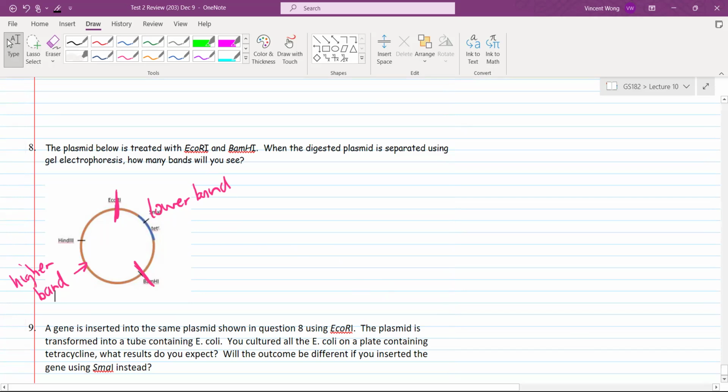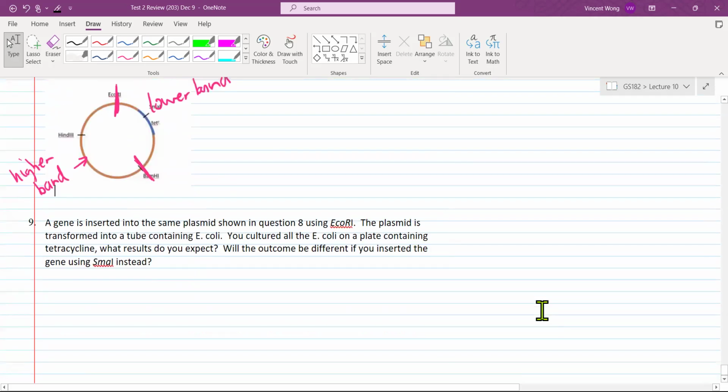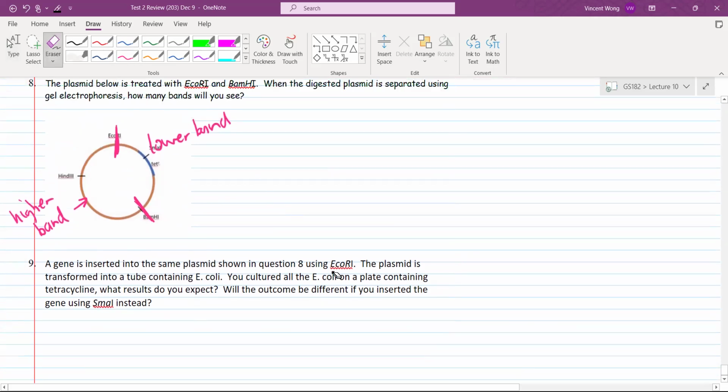Next, a gene is inserted into the same plasmid shown in question 8 using EcoR1. The plasmid is transformed into E. coli. So it's pretty much the same stuff that we've been doing in class. And you're going to treat it with tetracycline. Okay, so is it going to survive?